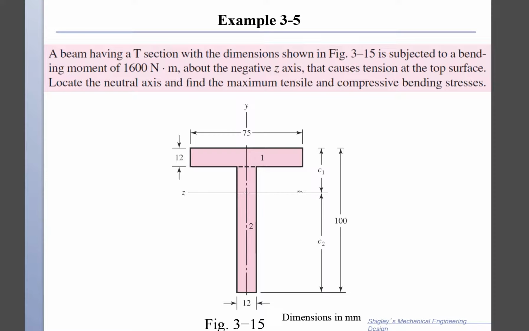So the moment applied about the negative z-axis means it is going to cause tension on the top fibers. So the tension is going to be here on the top, and compression is going to be on the bottom. So this is tension here, and this is compression. And we want to find the maximum tension and maximum compression in this beam.